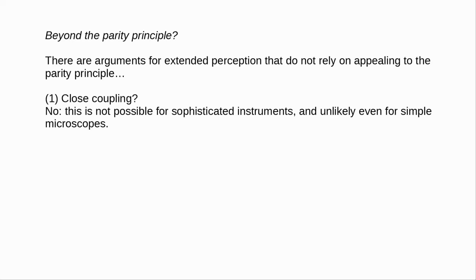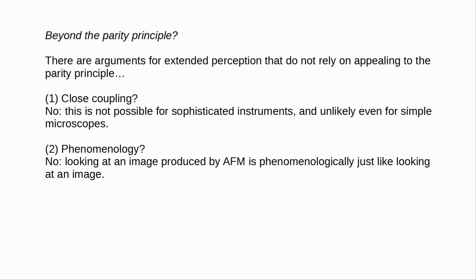People don't tend to use optical microscopes all that often, but in any case, very few scientific instruments are so user-friendly. As for the phenomenology, well, I've already commented on this. Looking at an image produced by an atomic force microscope is just like looking at an image. It doesn't have the different phenomenology that would be expected of a new perceptual process.